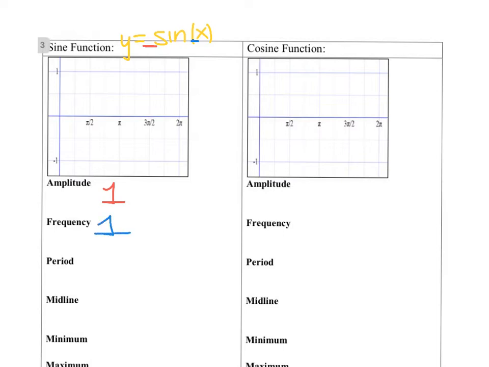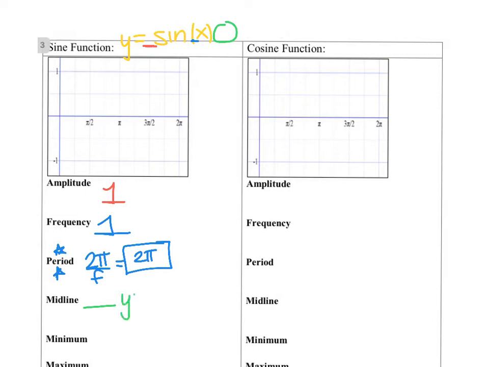Okay, the period, the most important one, is how long it takes to complete one cycle. The formula is 2 pi over f. So in this case, it's 2 pi over 1, which is just 2 pi. And that is key. That is how long it takes to complete a cycle. The midline is the number that I would add or subtract at the end. Notice there is none, so I'm going to put none.